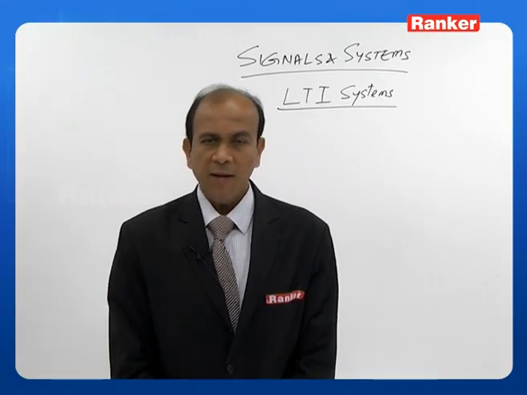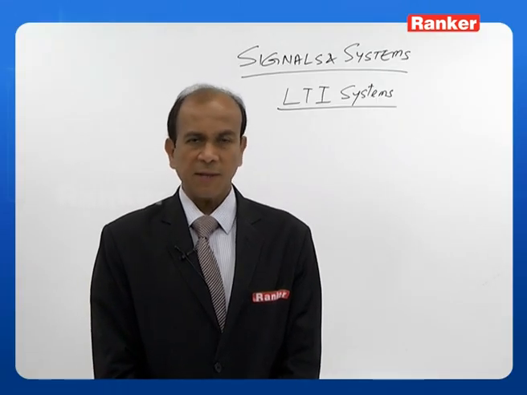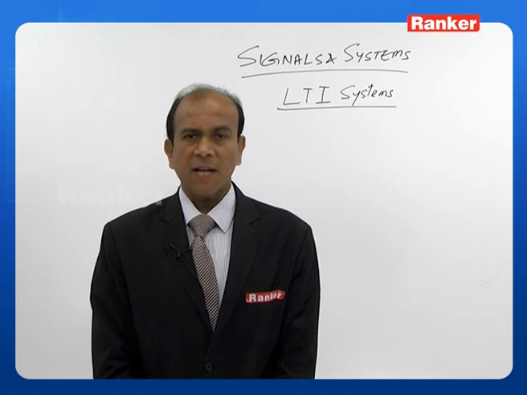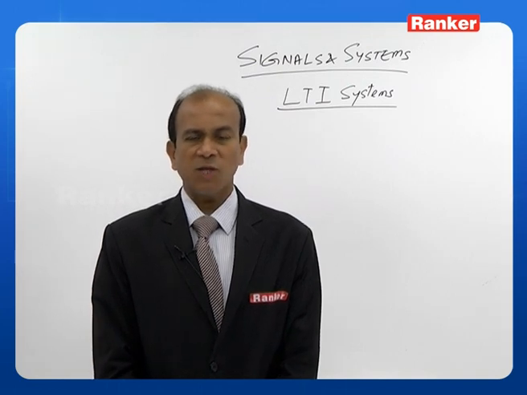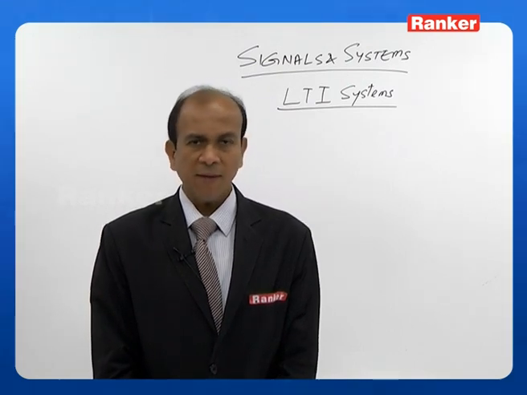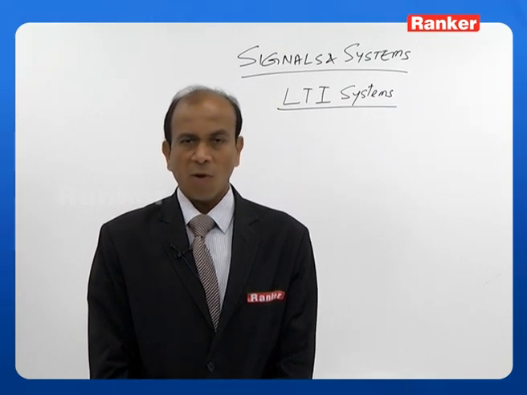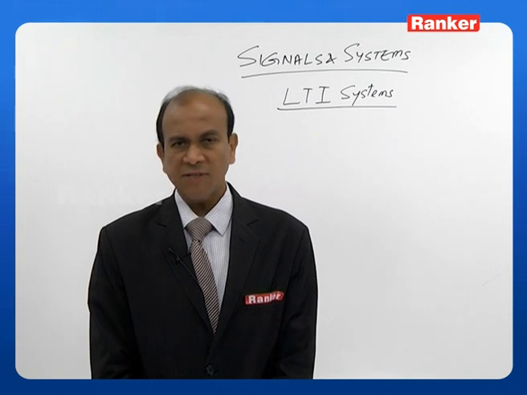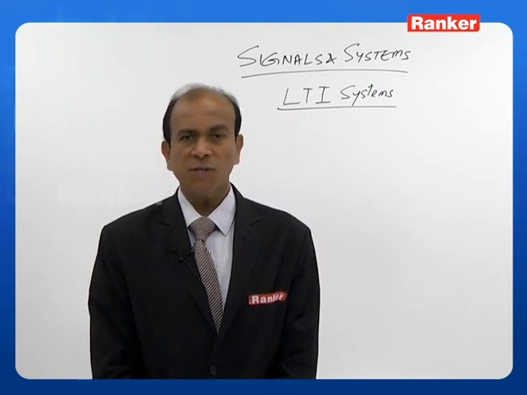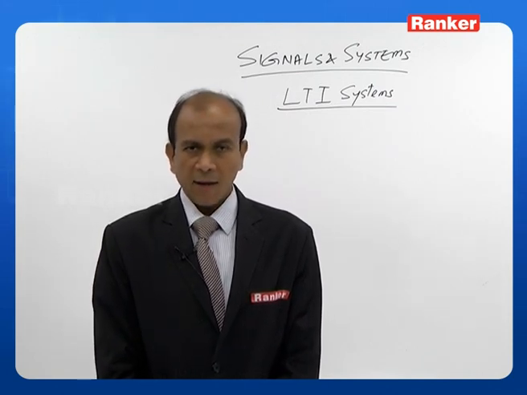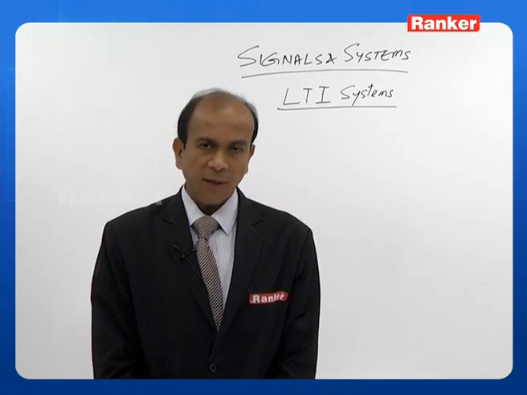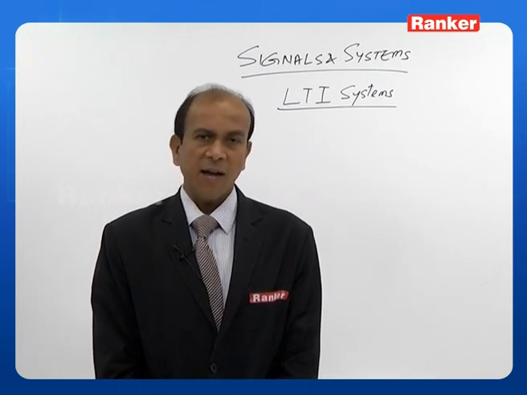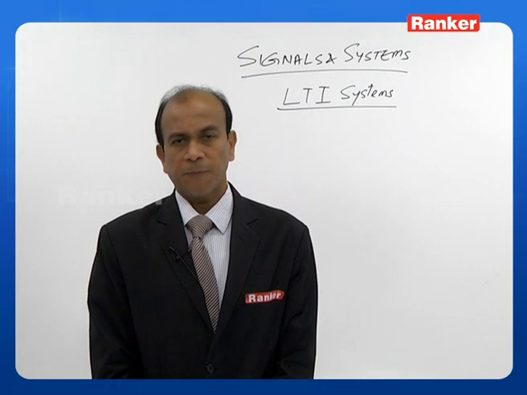So as seen here, let us think about two systems connected in parallel. Let the transfer functions of the first and second systems be h1 of t and h2 of t respectively. Now these two are connected in parallel. Then I can have a system which is equivalent to these two systems connected in parallel, whose output is the sum of the individual responses.